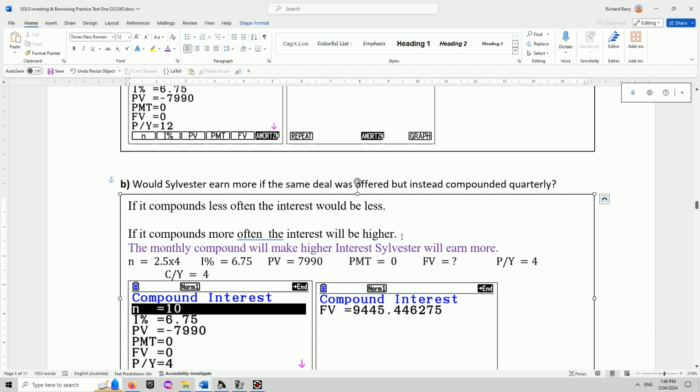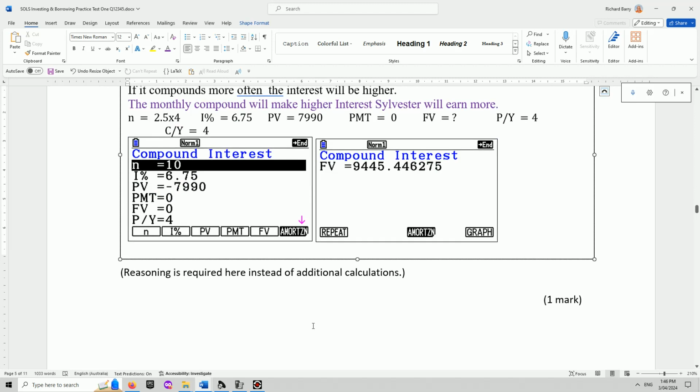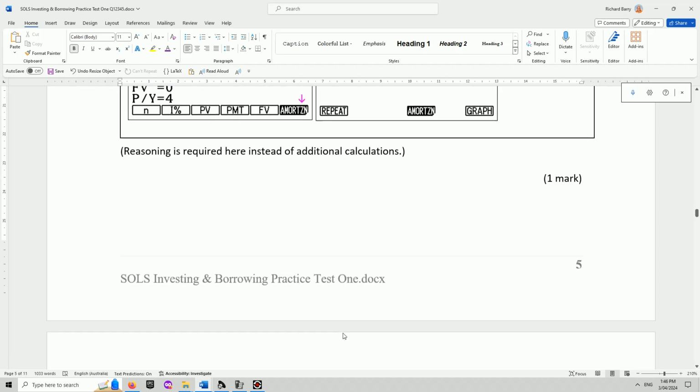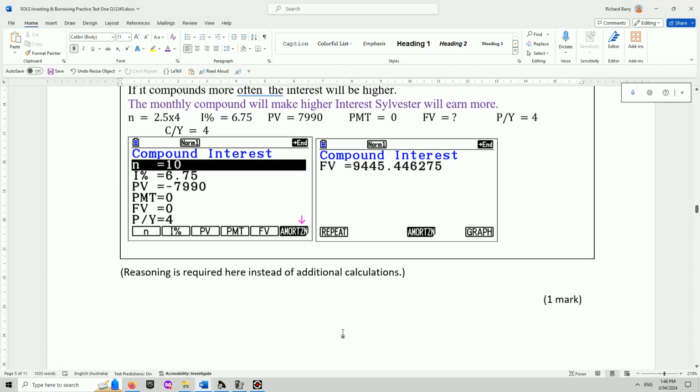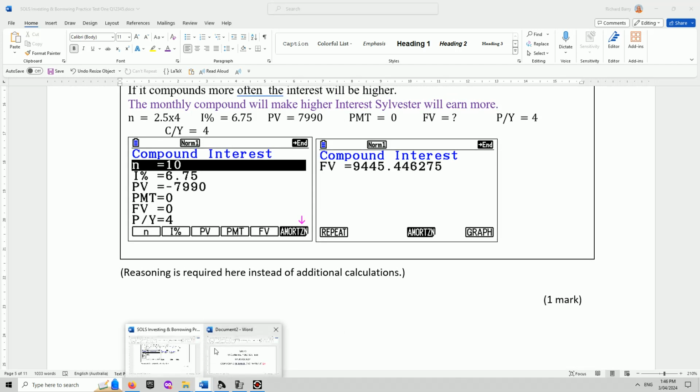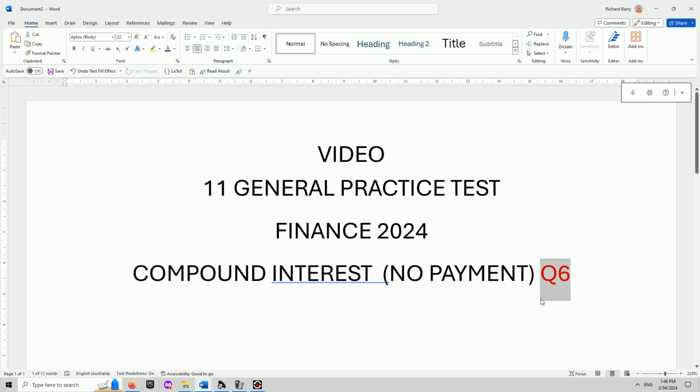Not a big difference because it's a pretty short timeline, only 2.5 years. Thus endeth question 6. Question 6 is done.